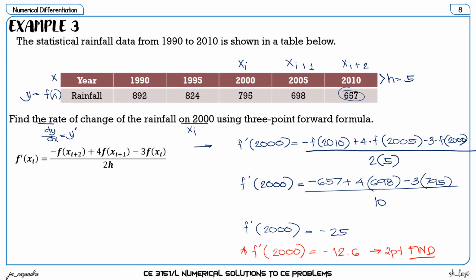So we have a large discrepancy between the two. Anyways, this is the value for the 2-point forward, and this one is the value for the 3-point forward difference.